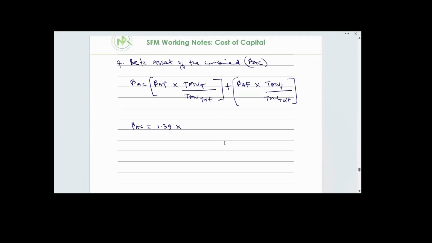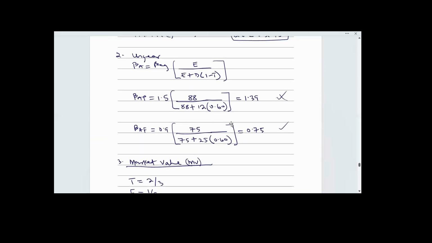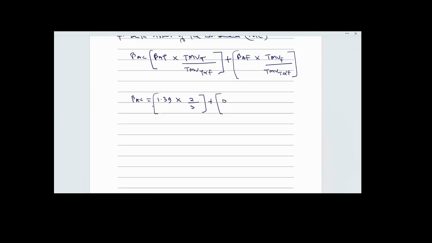So I would then say 2 divided by 3, plus beta assets of financial, we got 0.75, multiplied by total market value of equity and debt of financial, which is 1/3.